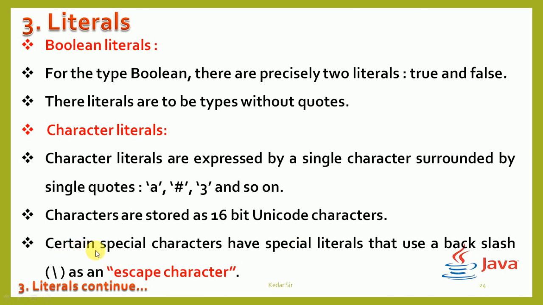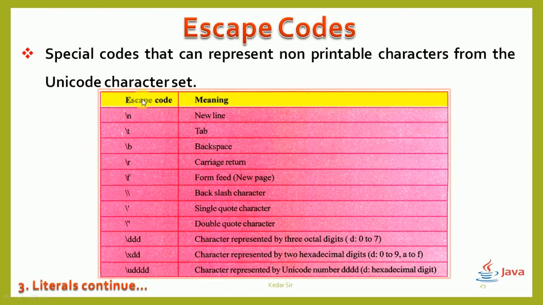And certain special characters have special literals that use a backslash as an escape character. So you have to use backslash, right, as an escape character. Some characters or codes you have to insert in your Java source code, and at that time you use this escape code, right?